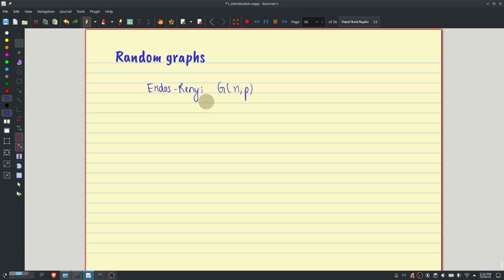So this consists of graphs which have exactly n vertices. And what is p? Basically, it tells you the probability that two vertices are connected by an edge. Right? And the model is extremely simple. You take n vertices. For every pair of vertices, you connect them with an edge with probability p. With probability 1 minus p, they are not connected.